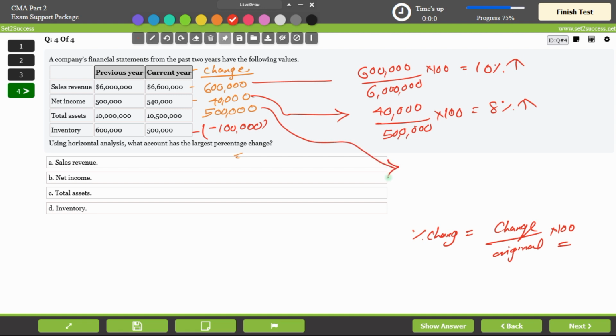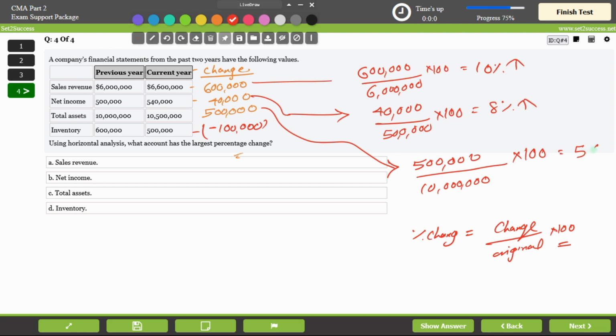Now we have total assets. The change in total assets is 500,000 by 10 million into 100. That comes to be 5%.